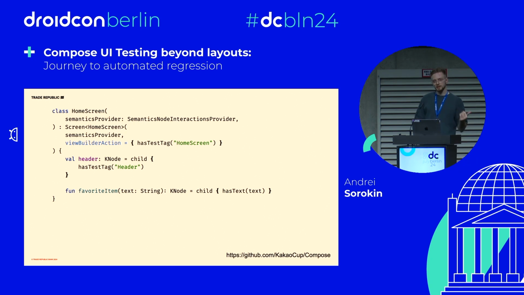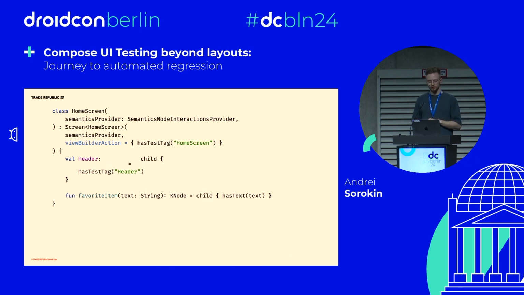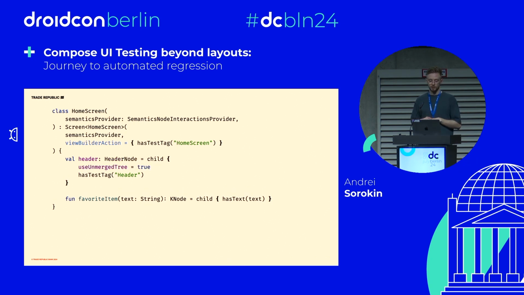Now, imagine the header is a merged component, so we need to unmerge it. You could use the unmerged tree here, and then you could create a node for it specifically to access individual subcomponents. For the favorite, I said that we need to also match the section, but here we have just matching by the text. So I suggest we do the same, create a separate node for it so it's then easy to use.